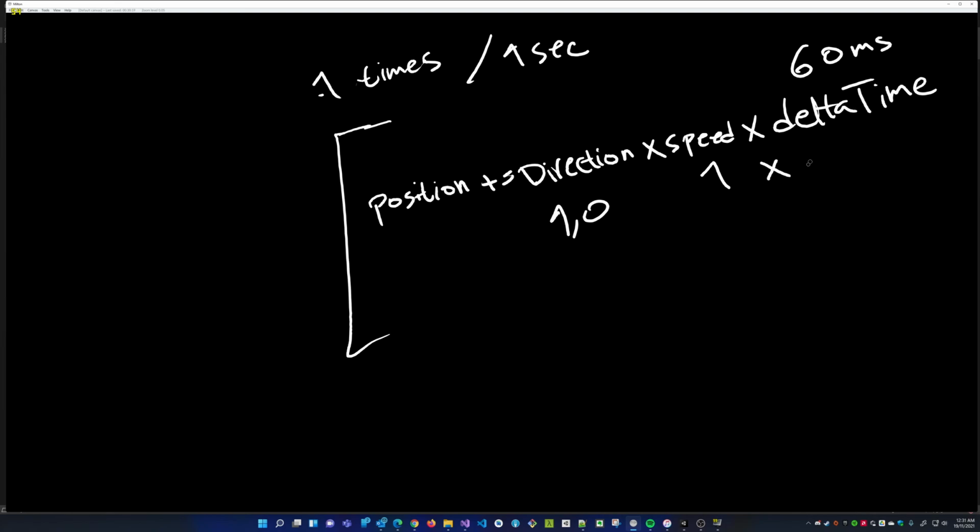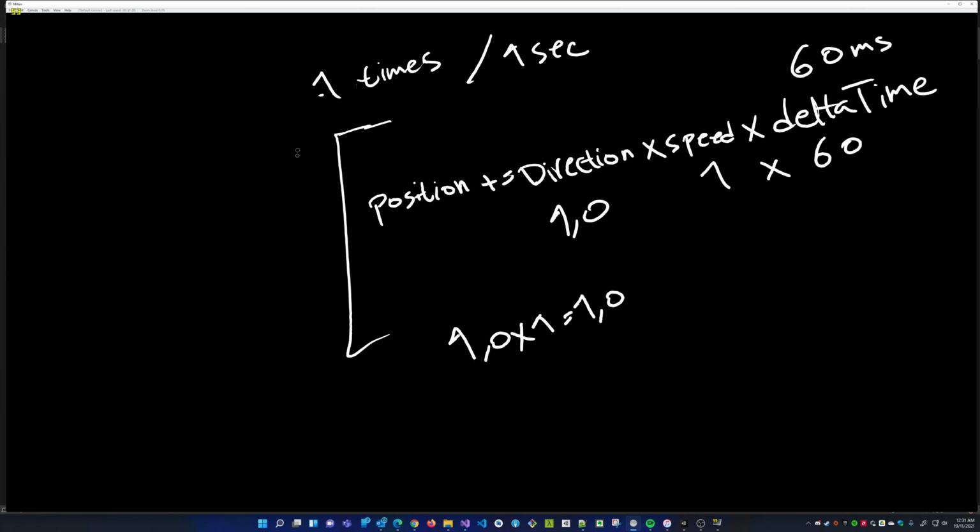So now I all of a sudden multiply by 60. Where before we didn't multiply by delta time, we just said (1, 0) by 1 equals (1, 0), right? This is the direction I'm moving and the rate of speed, 1 unit to the right every frame.